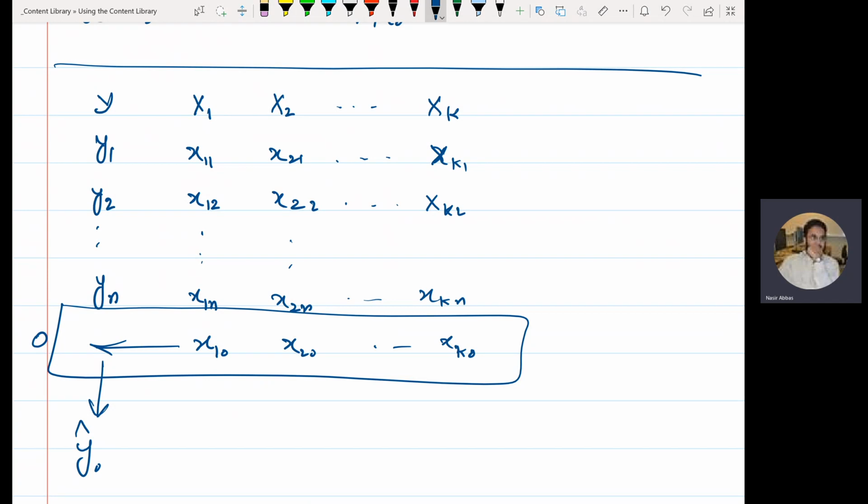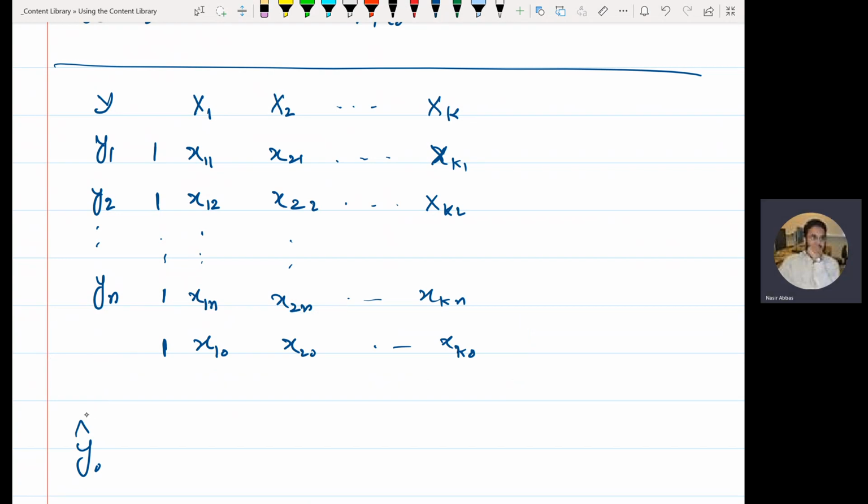Now, the model is like this one. To facilitate the matrix formation, you added a column of ones while defining the X matrix. True? You will do exactly the same thing while predicting. To compensate for the intercept, you will add a 1 before writing down the X naught vector. So your X naught should be something like this.